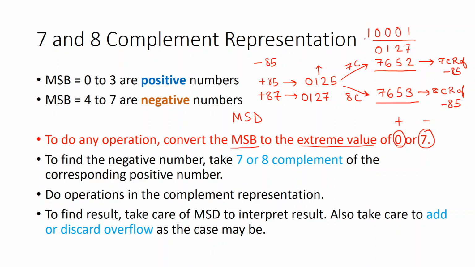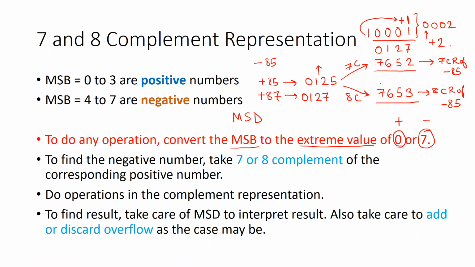In diminished radix, you are taking the overflow back and adding it to the result, and hence what you will get is basically 0002. So the value would be 2. This is a positive quantity, of course, and the value is 2. That is what we should have got, because we are doing 87 minus 85.